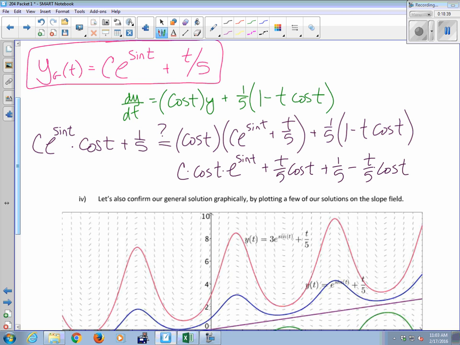I have some cancellations happen. I have two terms, t over 5 cosine t. One's positive, one's negative. So those cancel. And does the left side equal the right side? Yeah, they both have a 1/5 on them as a term, and they both have a c cosine t e to the sine t.